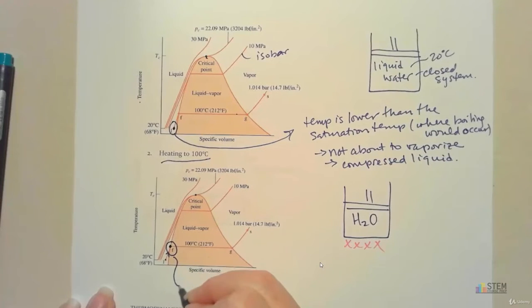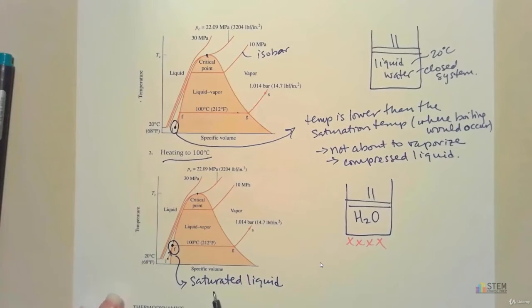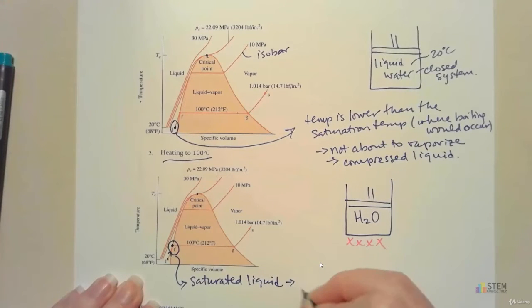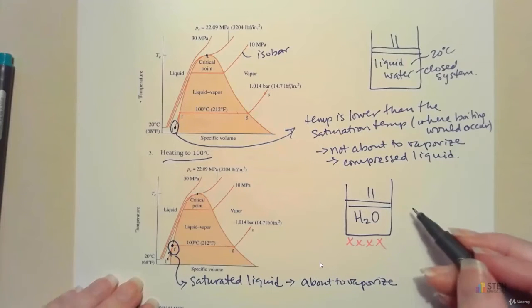Now, at this point, we've got what's called a saturated liquid. All right, and it's going to be called a saturated liquid because remember, when we have the term saturated or saturation, that implies to you that we're about to have a phase change. Okay, so a saturated liquid is a liquid that is about to vaporize. So essentially our liquid water is about to start to turn into vapor.